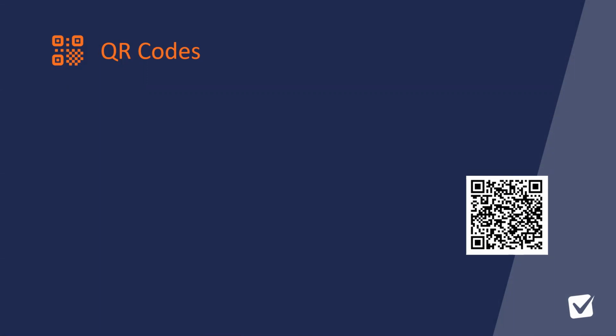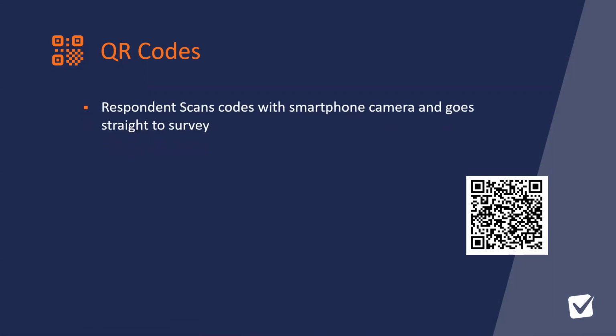QR codes. I think most people are aware of these by now, but just to give a quick recap, these are two-dimensional barcodes that embed data into a simple black and white graphic, such as the one on the screen. By encoding the link URL into an image, the respondents can use their smartphone to take them straight there, and they don't have to type a link into a browser. This is really good because it means people can respond more easily and faster.